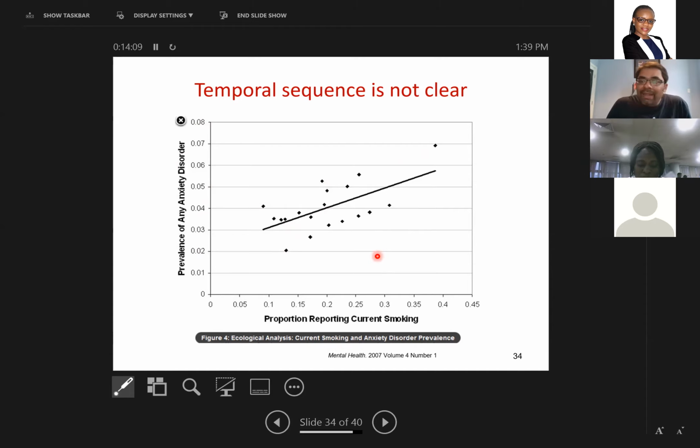You cannot have any resolution on the sequencing of events. Which came first? Remember, for a cause to be a cause, it must precede the effect, right? Cause must come first and then the effect. It's impossible to tell from this picture whether an anxiety disorder made people smoke more, or it's smoking that somehow provoked an anxiety disorder. We can never tell.